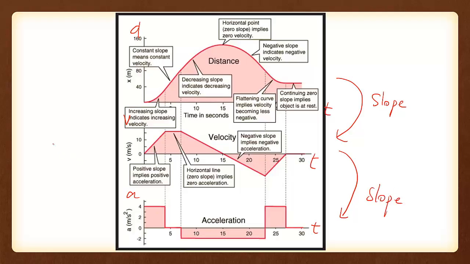When you go back from the vt graph to the dt graph, you look at the area, and the same for converting the at graph back to the vt graph. Maybe you don't understand what it means right now, but don't worry, I'll talk about this very soon.